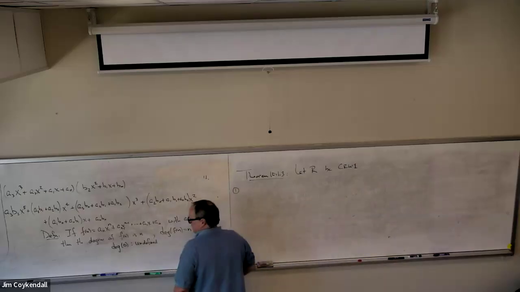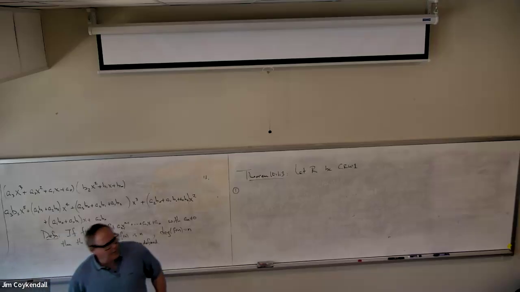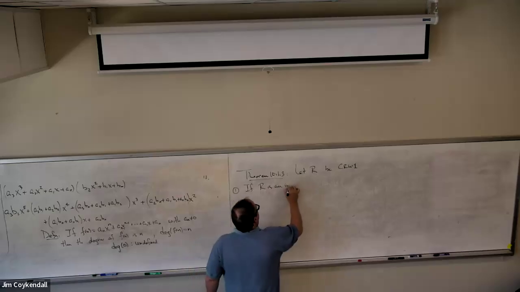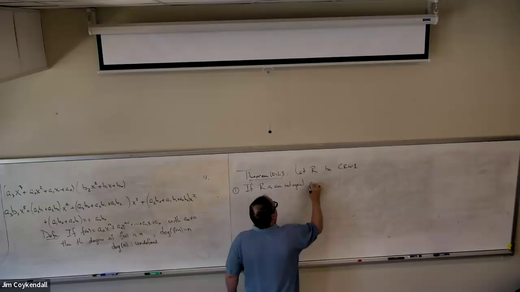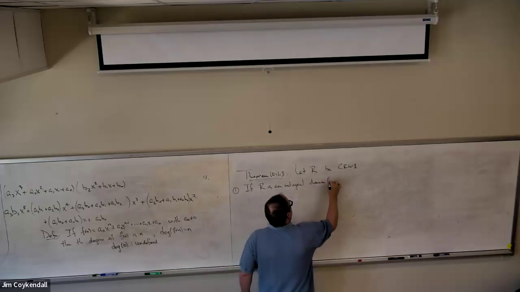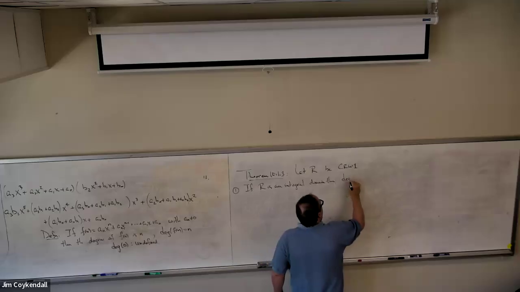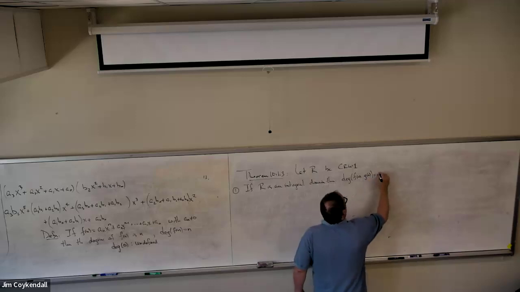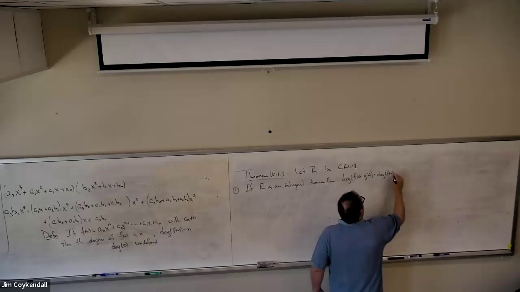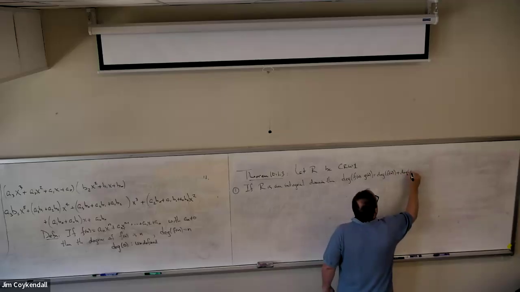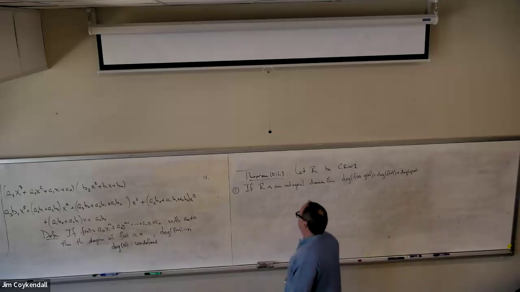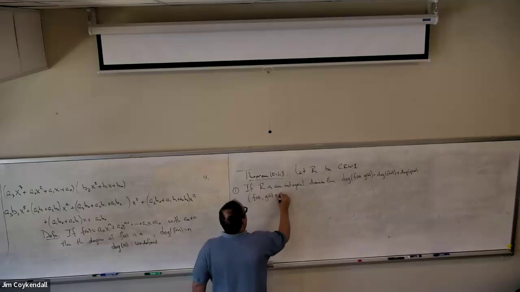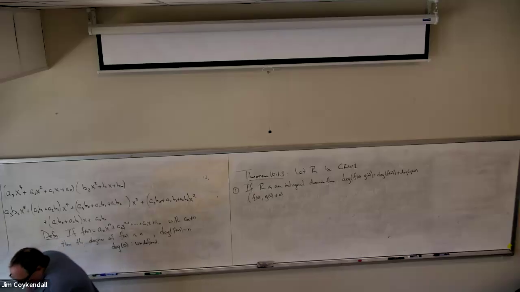Number one, if R is an integral domain, then the degree of f of x times g of x is equal to the degree of f of x plus the degree of g of x, provided neither one of them is the zero polynomial.